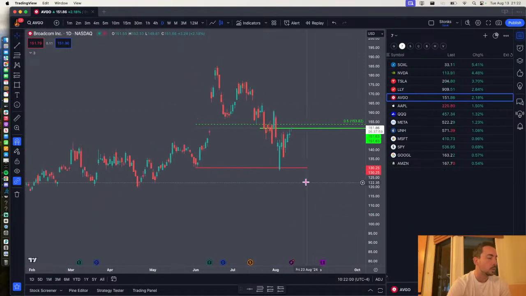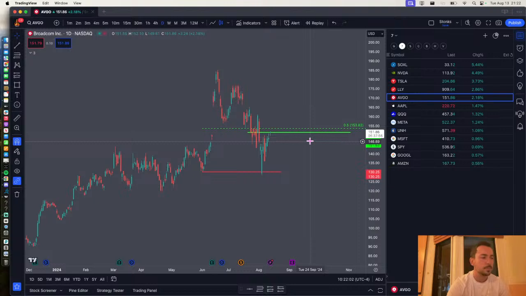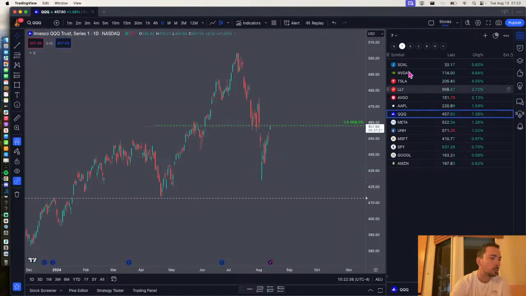I know it said equal lows into the label, but it's just a nice red line, so I use it sometimes. Wow, my QQQ position is going crazy right now.